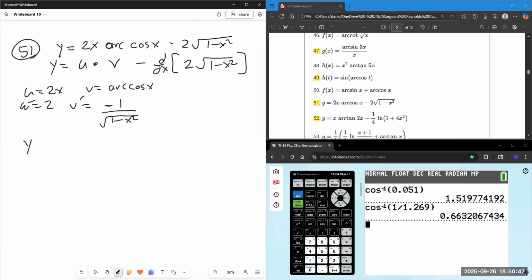So y prime is equal to u prime v minus v prime u all over v squared. No, this is plus because it's product rule.